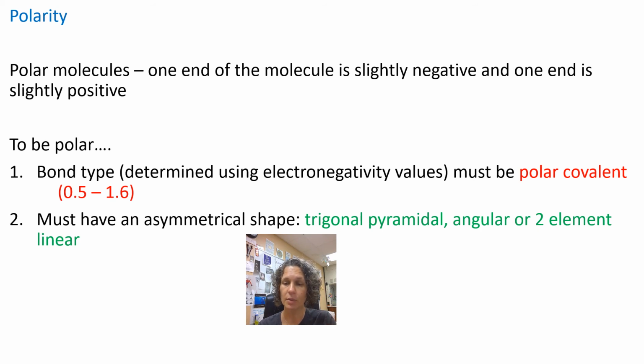On the chart, and we'll mark this together in class, the bottom 3 shapes are asymmetrical. So the trigonal pyramidal, which we just talked about with NH3, angular, which on the picture looks kind of like this bent shape, and then the bottom one, which is 2-element linear. So they just form a line. And so those are asymmetrical.